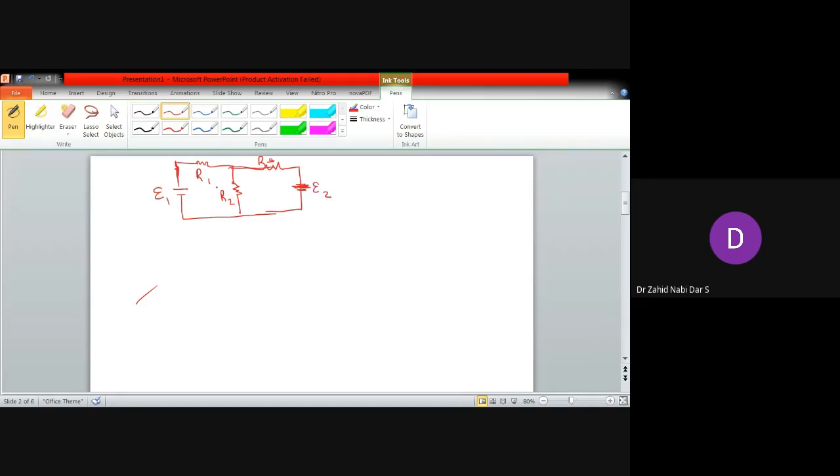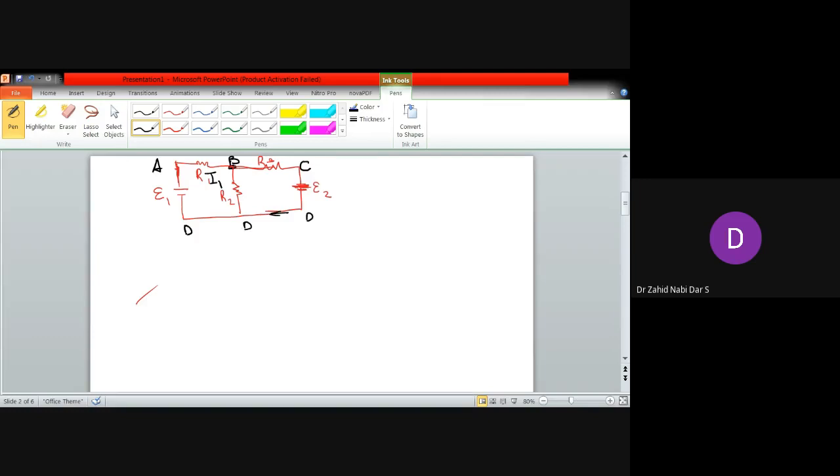Now we have to identify. If you take this current as I1, first of all what we have to do is label this A, B, C, D. If somebody is comfortable with writing E and F, you can write.